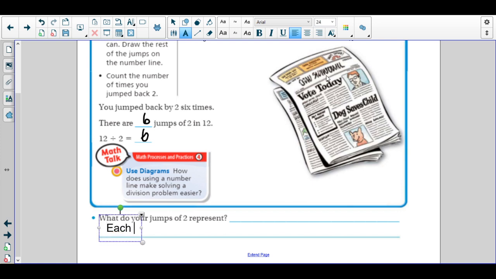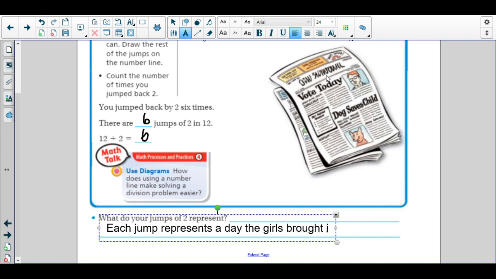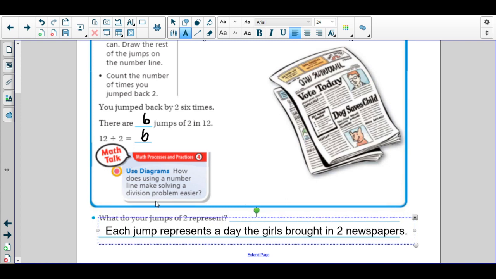Each jump represents a day the girls brought in 2 newspapers. All right. So each jump, how many jumps were there? There were 6 jumps. So how many days did it take? 6 days.